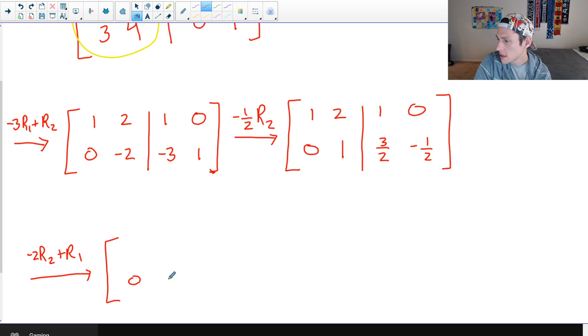Row 2 will stay the same. 0, 1, 3/2, negative 1/2. Okay, negative 2 times 0 is 0. 0 plus row 1, it's 1. 1 times negative 2 is negative 2.